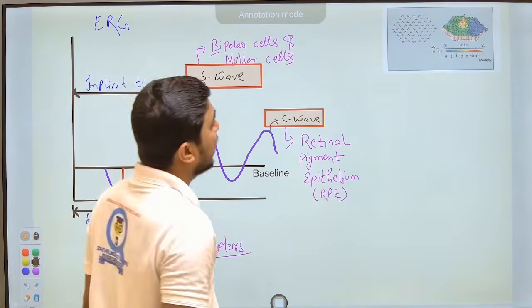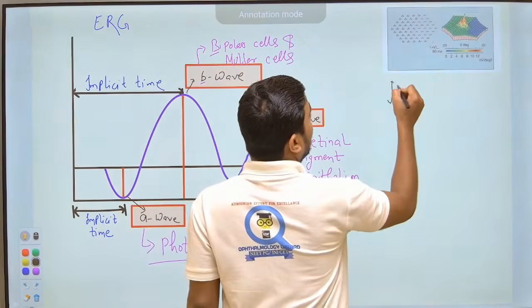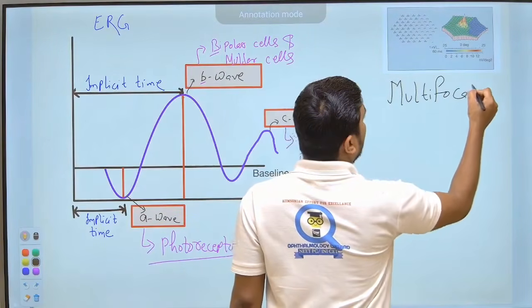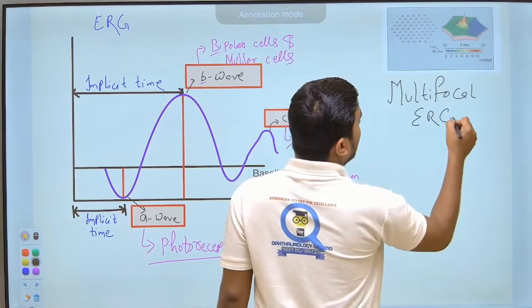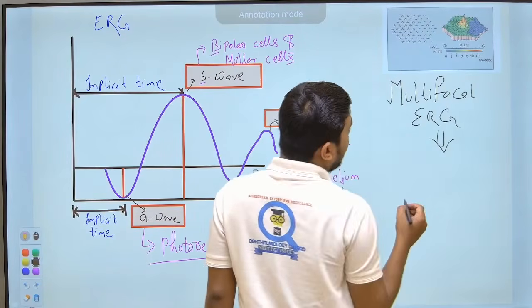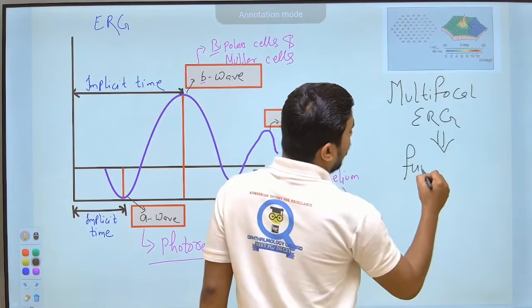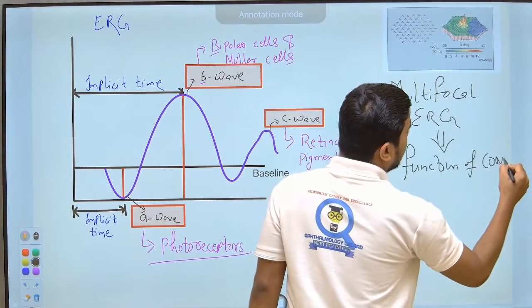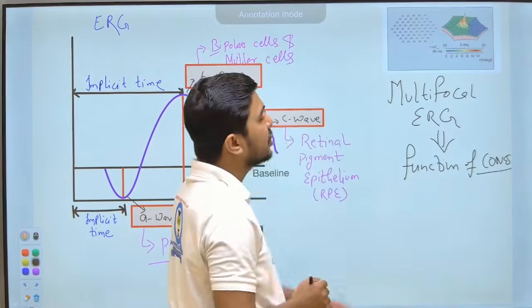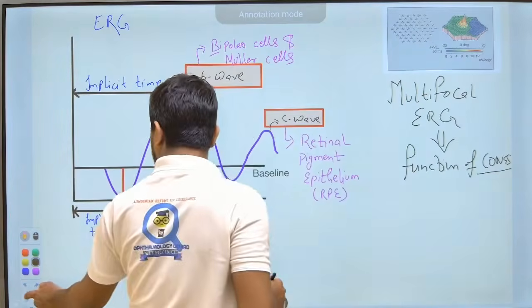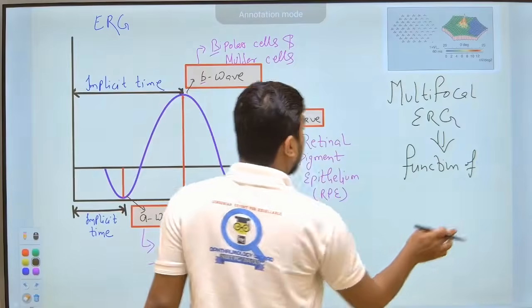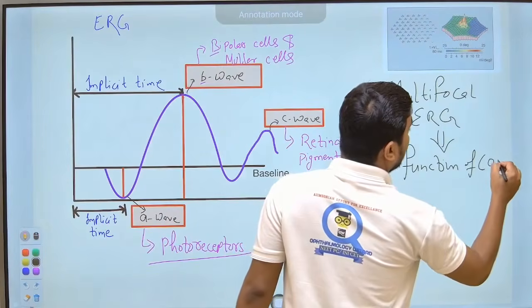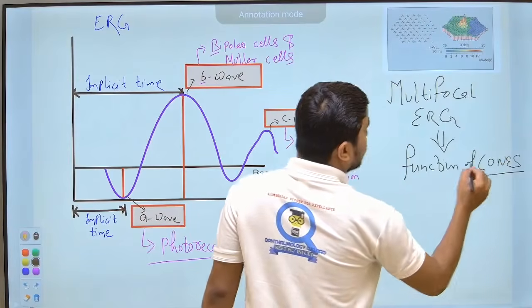This image is multifocal ERG. It is most commonly a function of cones. It mostly shows the function of cones.